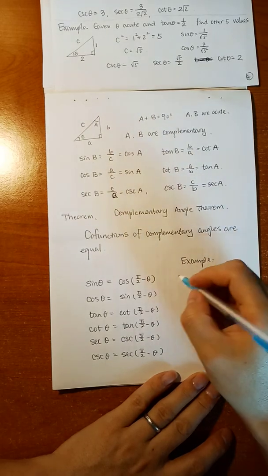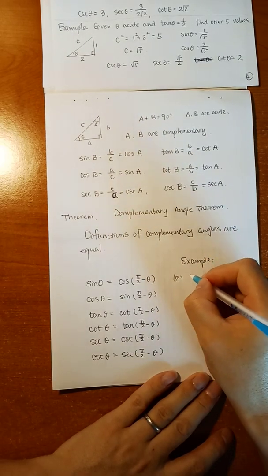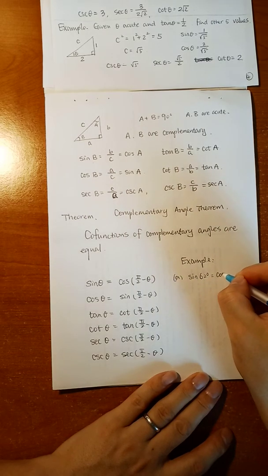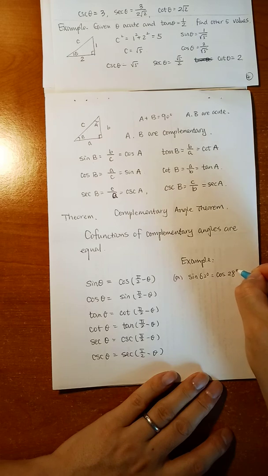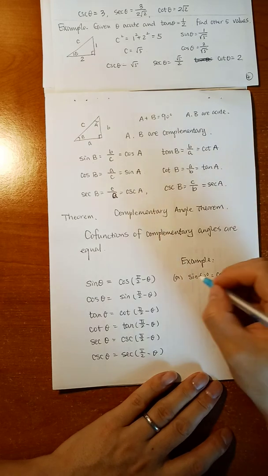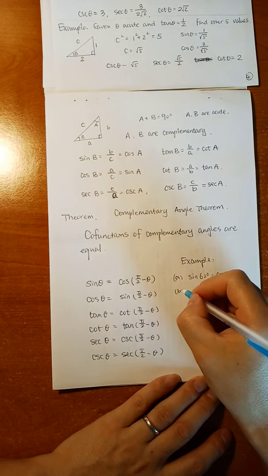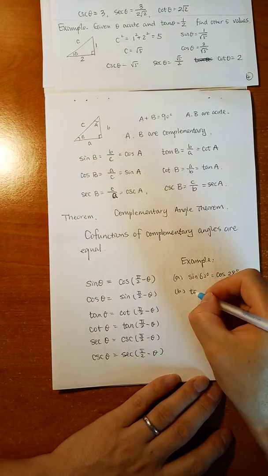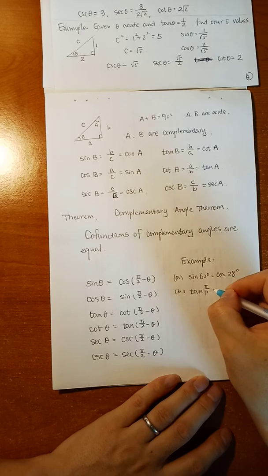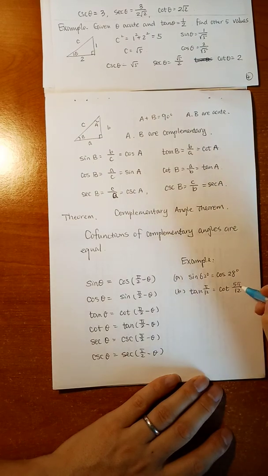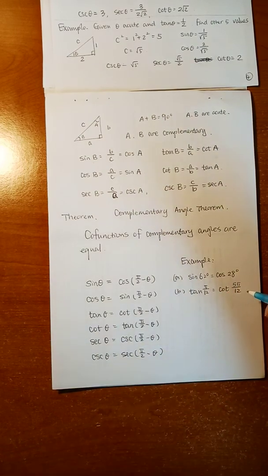For example, if we have sine 62 degrees, it is equal to cosine 28 degrees, because 62 plus 28 is 90. And if we have tangent pi over 12, it is equal to cotangent 5 pi over 12, because 5 pi over 12 plus pi over 12 is exactly pi over 2.